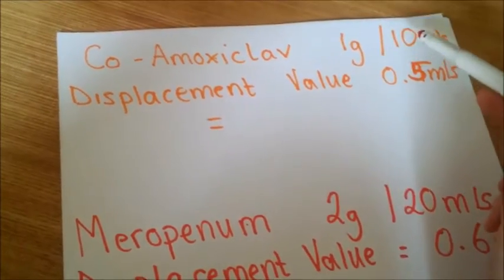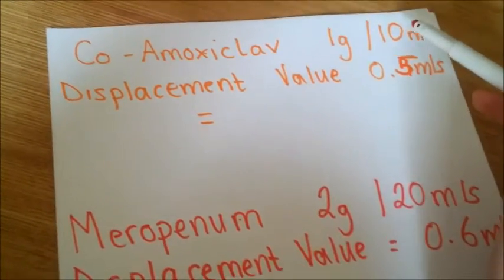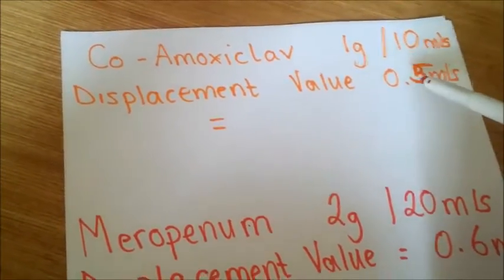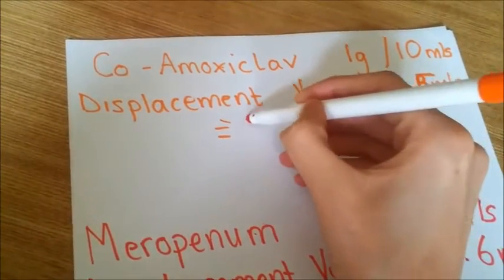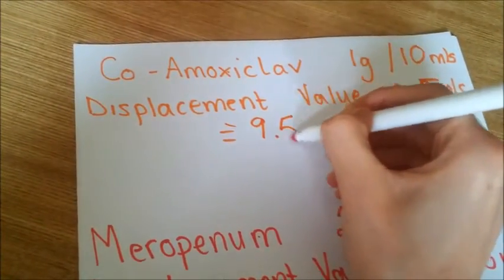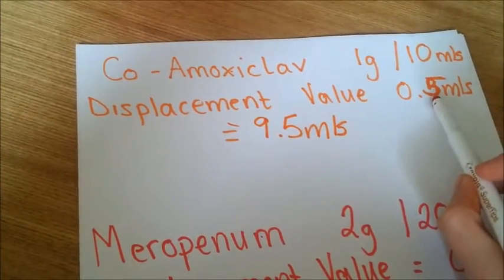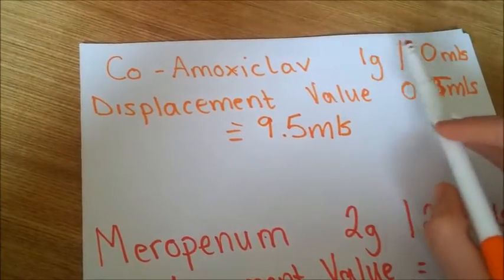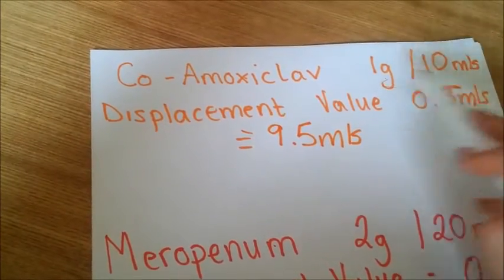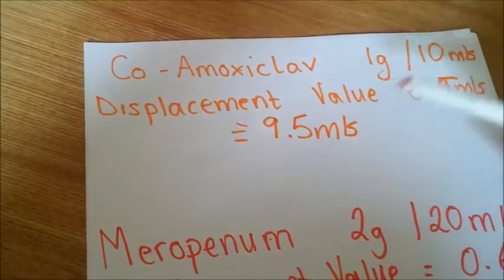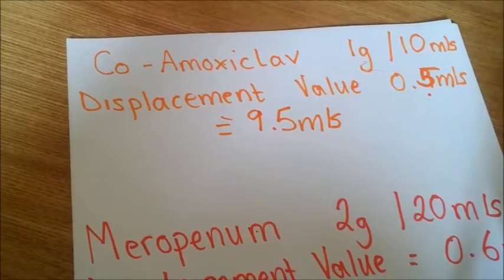So you don't want to add 10 mils, because that will make 10.5 because of this displacement. What you have to do is add 9.5 mils, and then with the displacement value of 0.5 mils, that will make 1 gram in 10 mils, and then you have this accurate amount that you can then work out your drug calculation for.